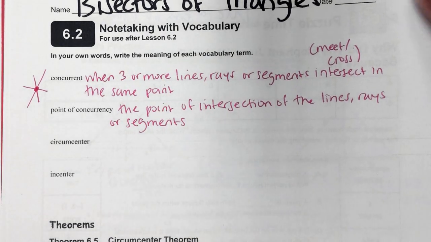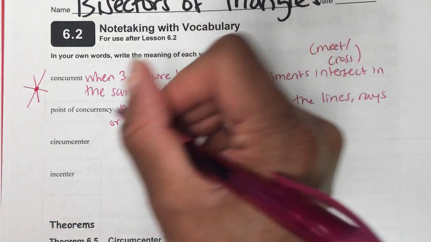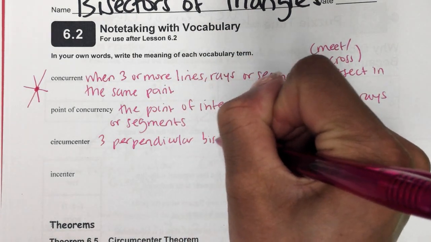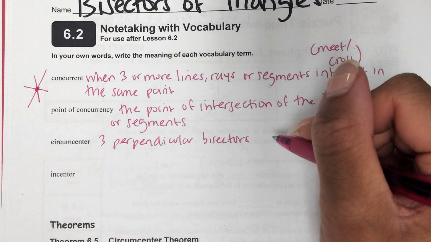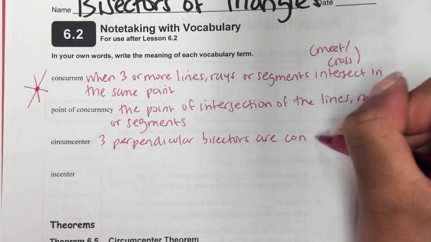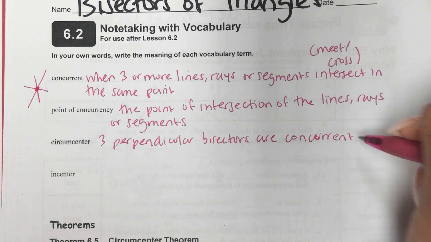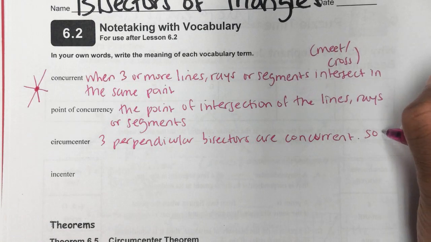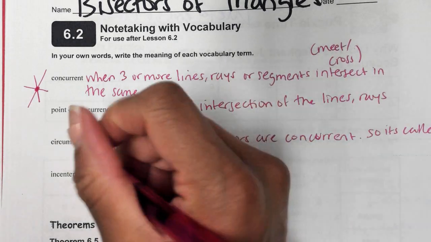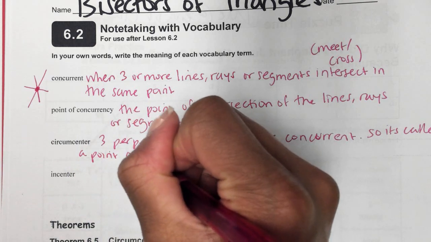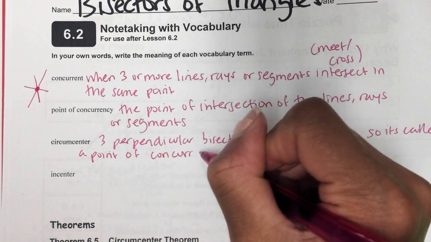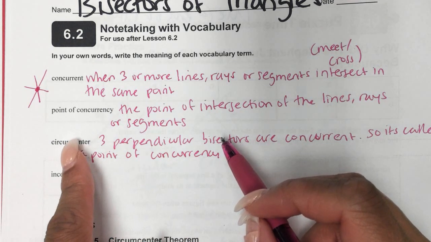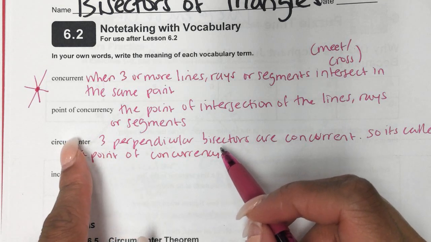So circumcenter is where three perpendicular bisectors are concurrent, so it's called a point of concurrency. So if I have three perpendicular bisectors that cross, that point of concurrency is called a circumcenter.